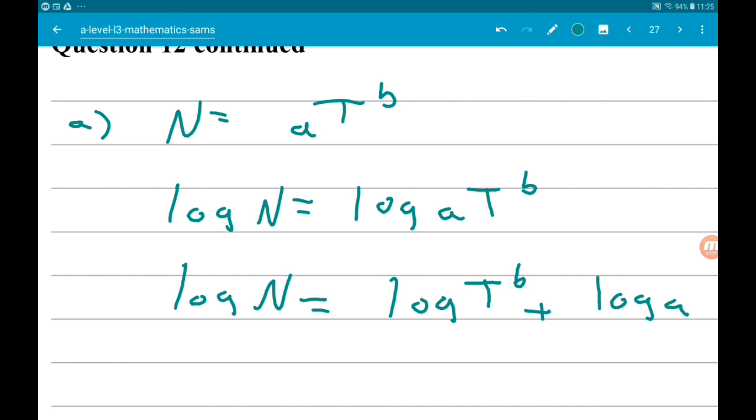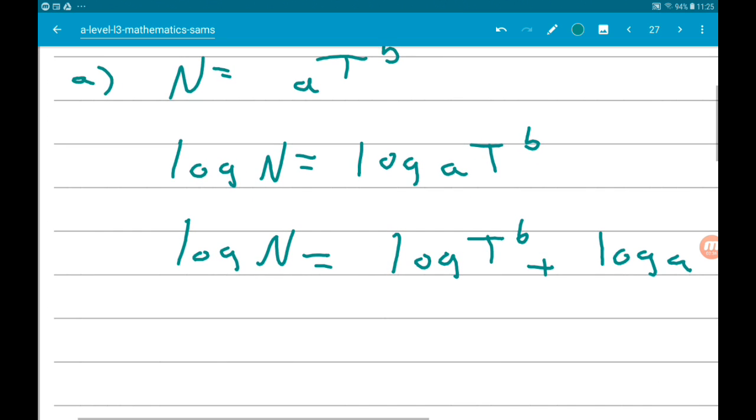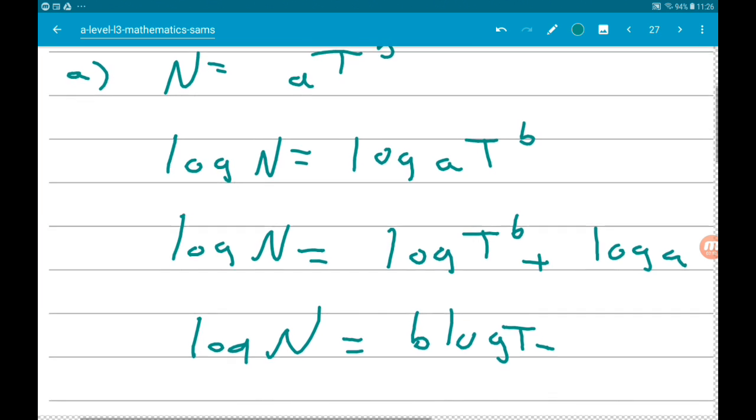If you add them together, you multiply the stuff in the log. So we're doing that backwards. And then by the rules of logs, log t to the b is equal to b log t. So we can get log n is equal to b log t add log a.